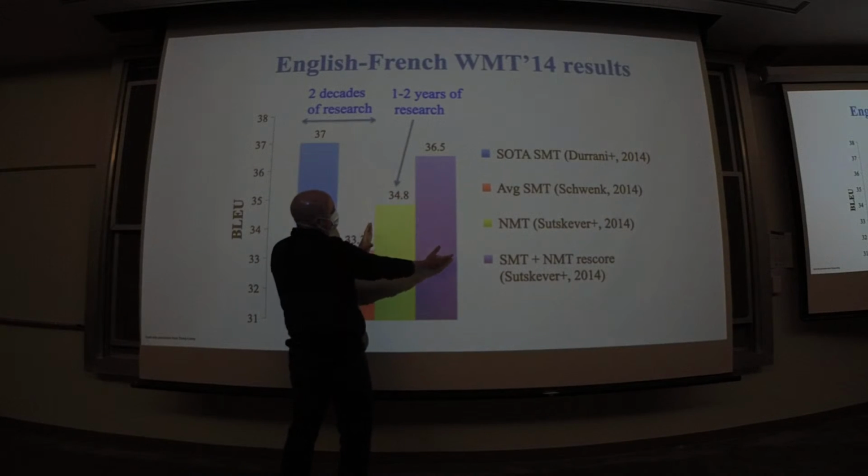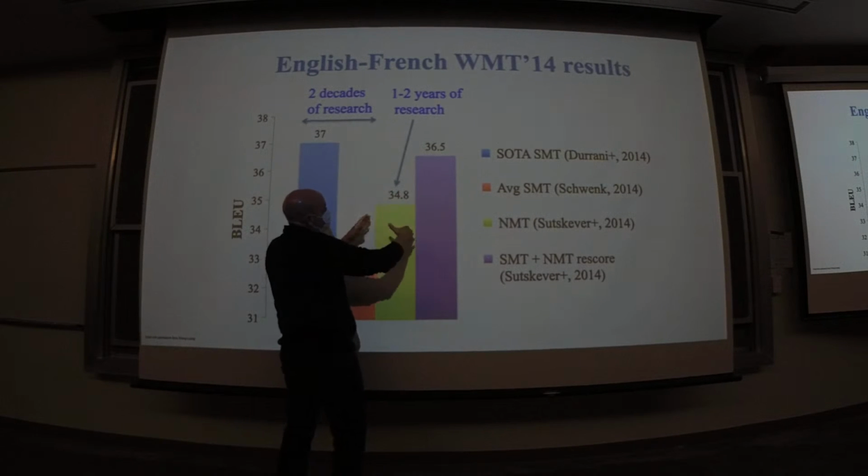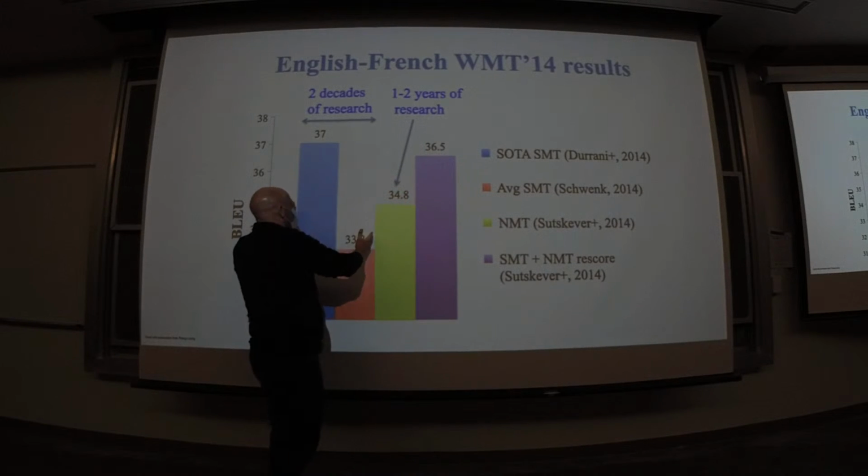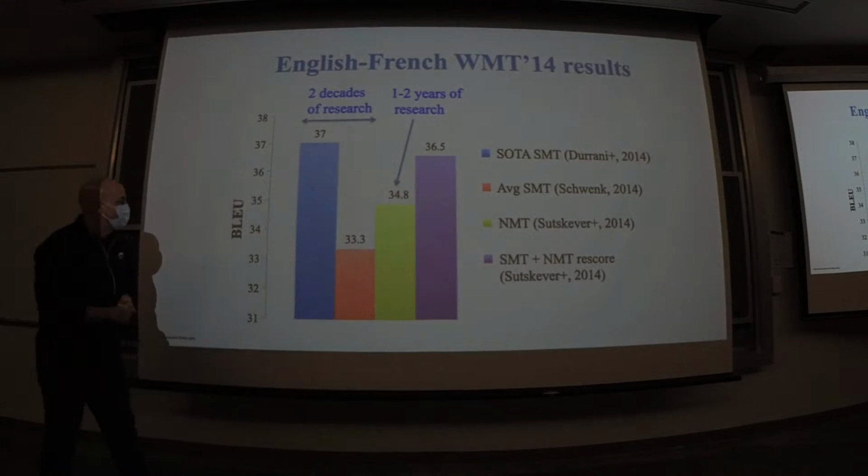But as this slide tries to point out, with relatively less time spent producing these kinds of systems than the research that has gone into these SMTs, we were getting pretty decent BLEU scores.